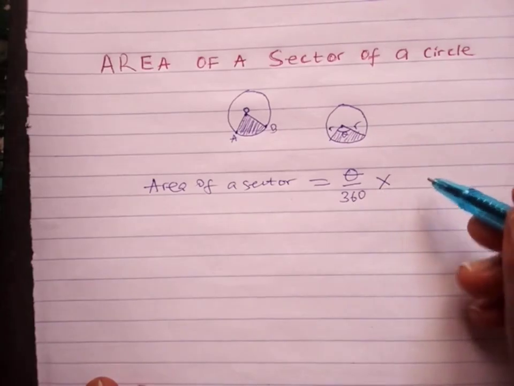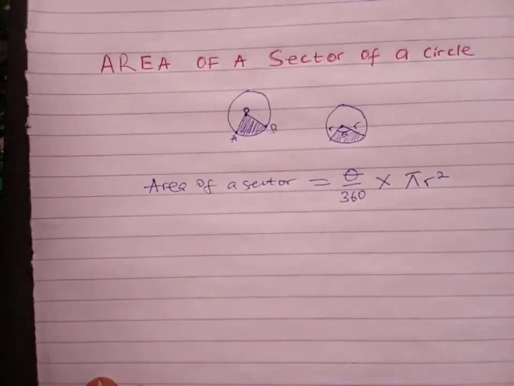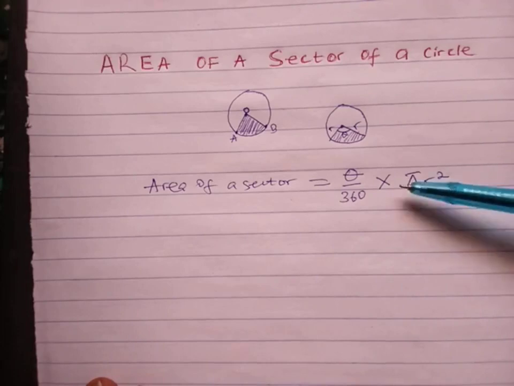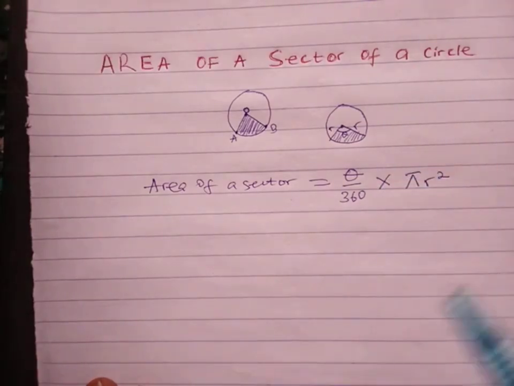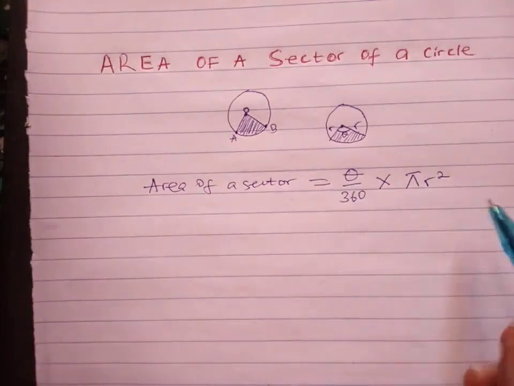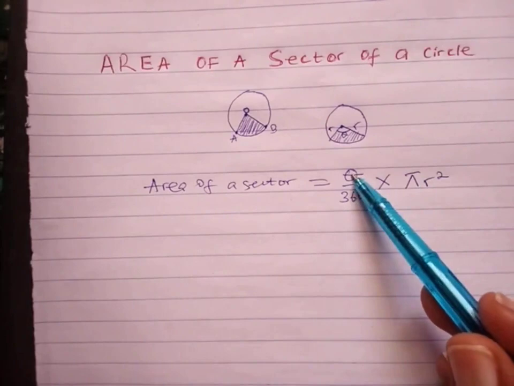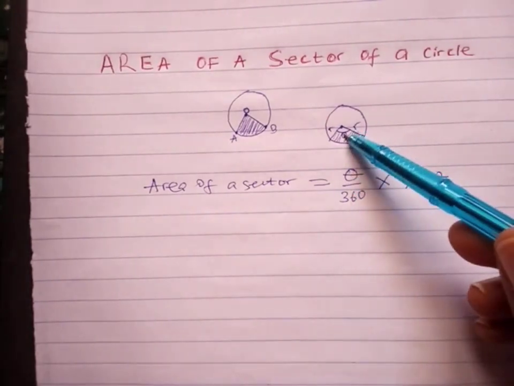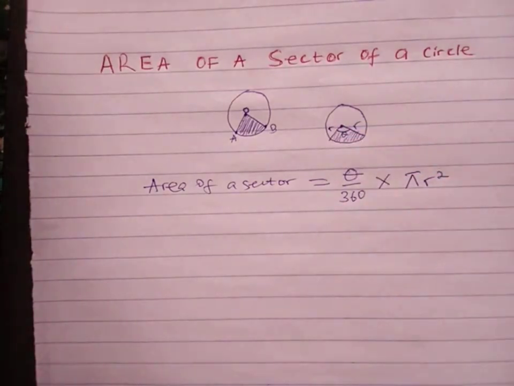Of course, the area of the circle is given to be pi r squared. So if you don't know that the area is pi r squared, please do well to check our previous videos where we looked at the area of a circle and parts of a circle. So, in order for me to calculate the area of a sector, I need to know this very angle here, that's the angle at the center, and the radius of the circle.